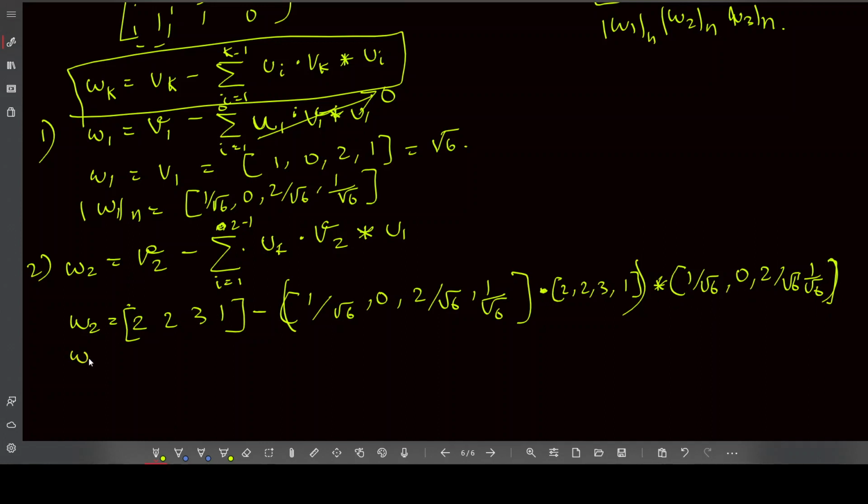So when I solve this, I'll basically get W2 equals 2, 2, 3, 1 minus this basically comes out to be, hold on, 2 into 2 by under root 6 into 0 plus 2 plus, so this is 2 by under root 6, 0, 6 by under root 6, 1 by under root 6. Okay, I've just done a scalar multiplication.